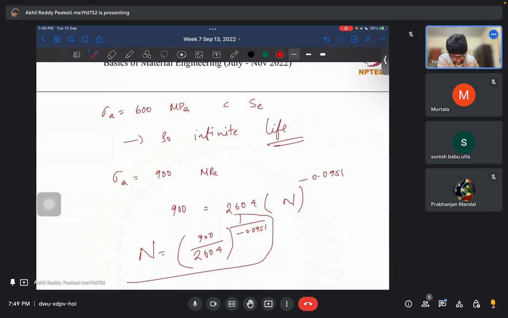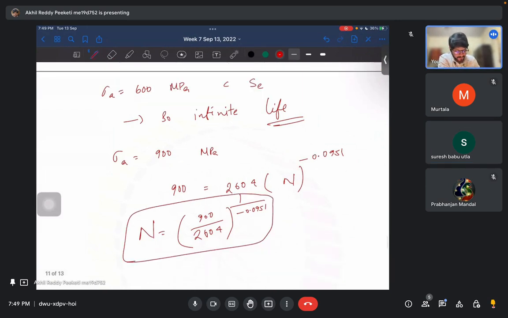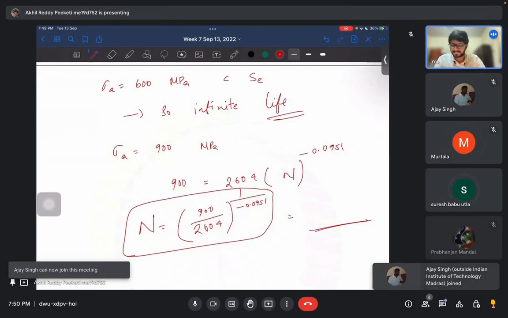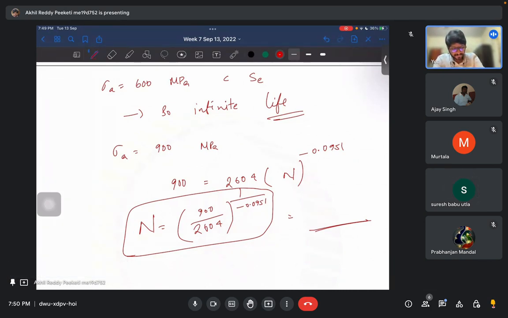Okay. So if you calculate this, you will get the number of cycles corresponding. Let me just do it quickly. 900 by 2604 power 1 by minus 0.095.